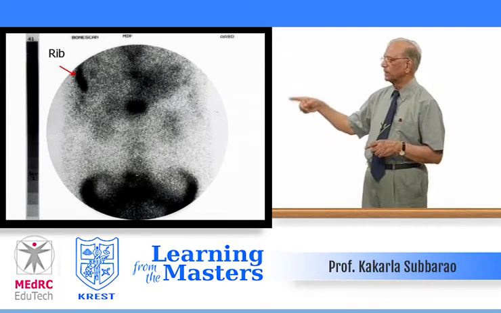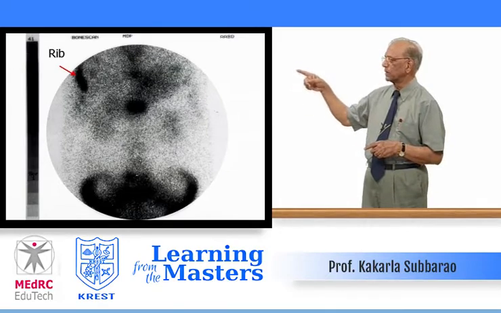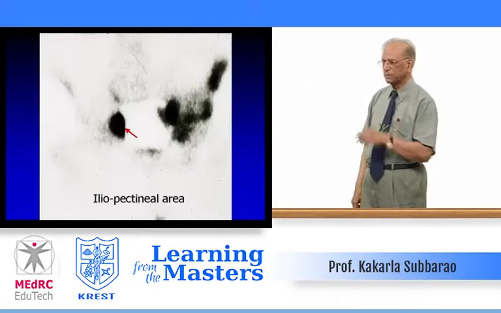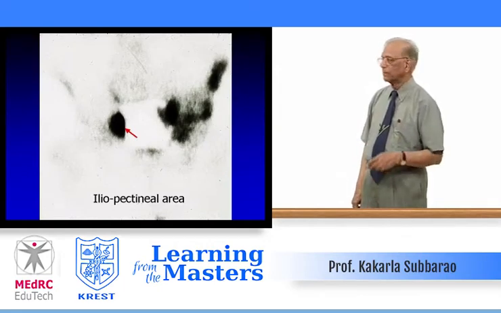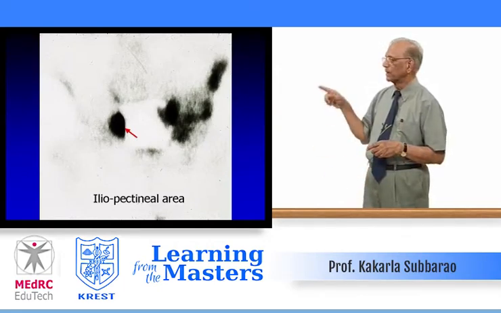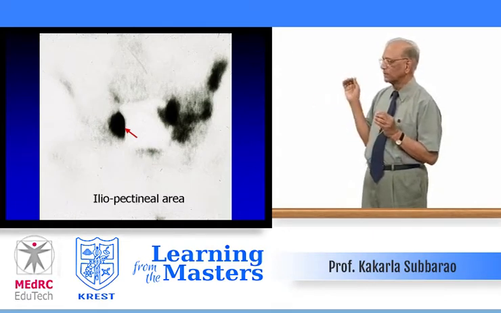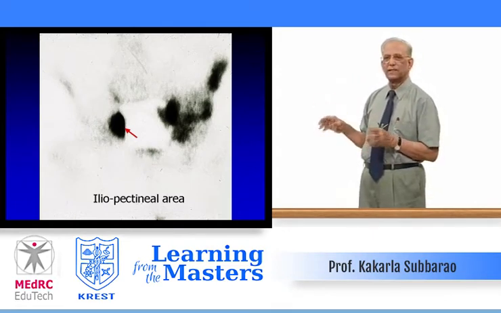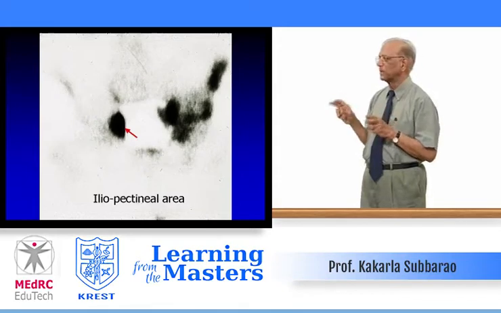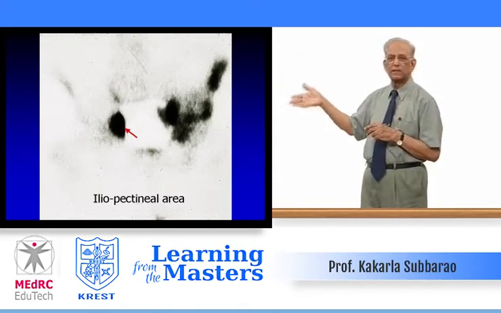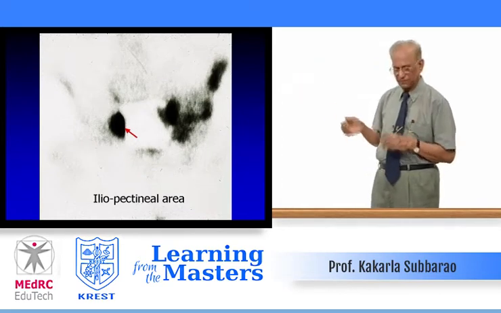Intense uptake in the pelvic bones, lower lumbar spine, thoracolumbar junction, and the right ribs. Notice again asymmetrical involvement. Again, to emphasize that the iliopectineal area is important. If that is not involved, this could be easily metastasis or a lymphoma or some other process.